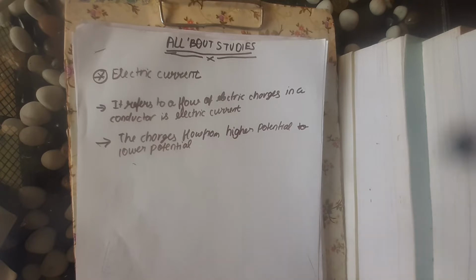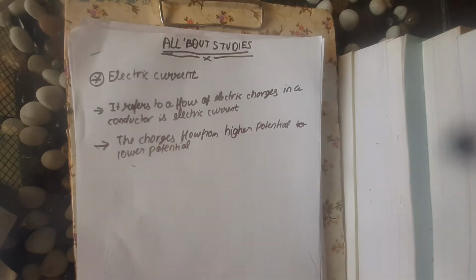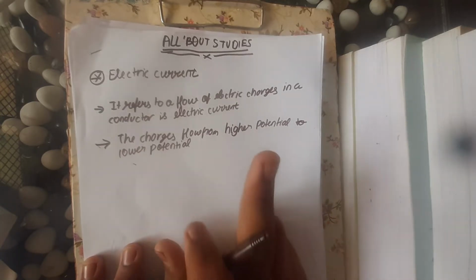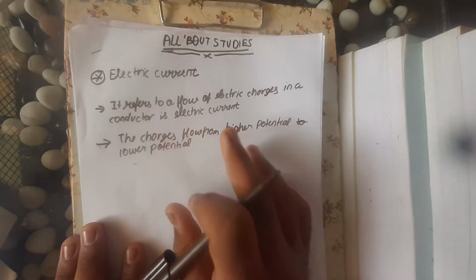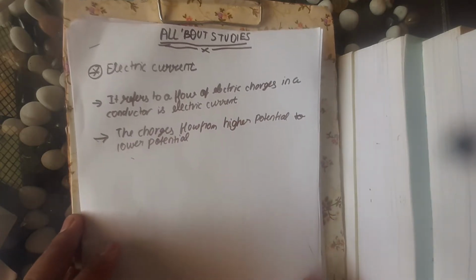Transformer is a very big thing, but you can take it for your understanding that the charges are moving from a place where they are accumulated to a point where there are absolutely no charges. Our mobile phones or devices do not contain any free electron charges. So the charges start flowing from higher potential to lower potential. So this is about electric current. This whole flow of electric charges is called electric current.